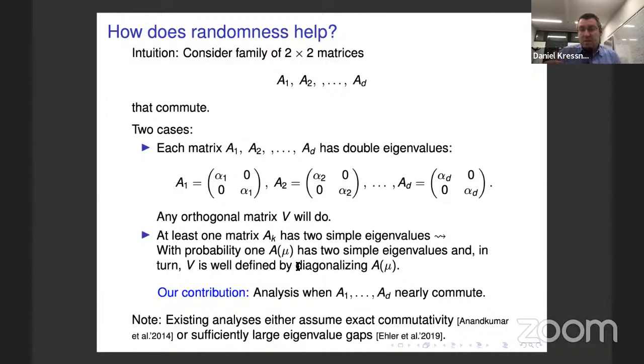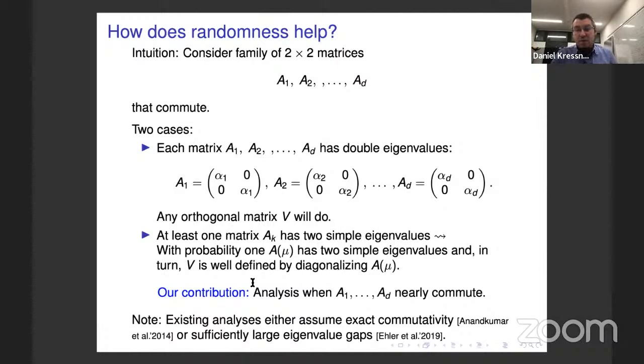And our contribution is an analysis when A1, A2, and AD only nearly commute, where we can say something. There has been some prior analysis if you assume sufficiently large eigenvalue gaps. So for example, if you say, okay, all matrices have distinct eigenvalues, and the gaps between the eigenvalues for each of the matrices A1 to AD are sufficiently large, or some linear combination is going to give you a matrix with sufficiently large eigenvalue gaps.